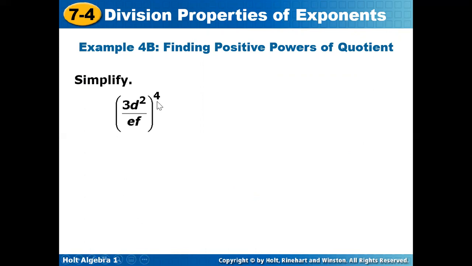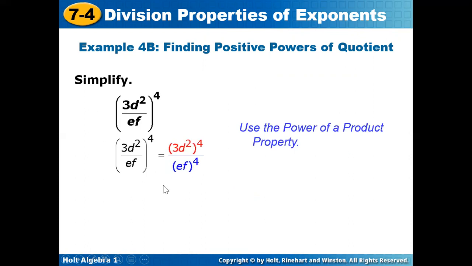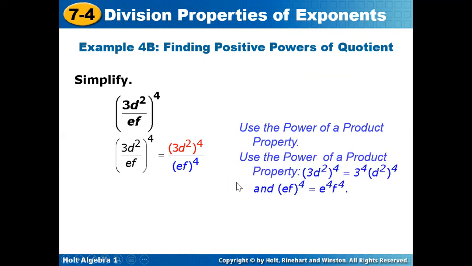Works the same way here. We have to distribute it to each term, right? 3d squared to the 4th, e, f to the 4th. And then we have to distribute it: 4 to the 3, 4 to the d squared, 4 to the e, and 4 to the f, right?